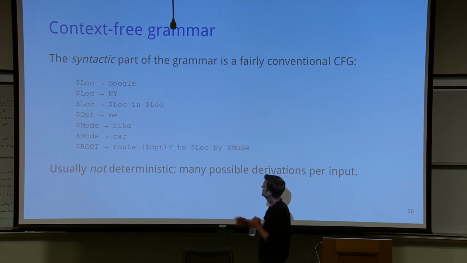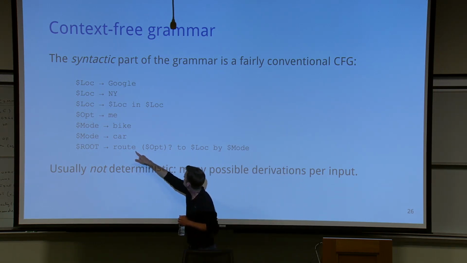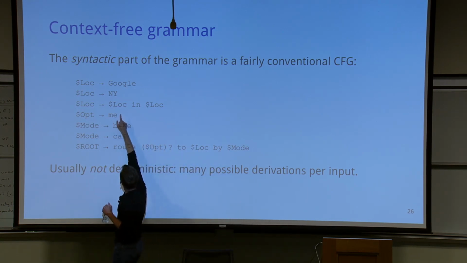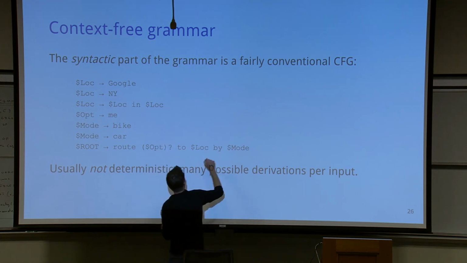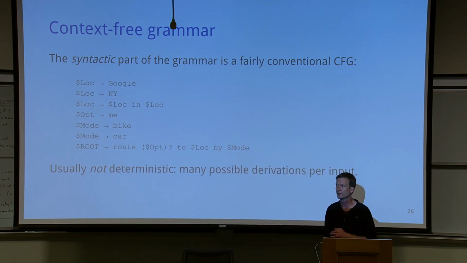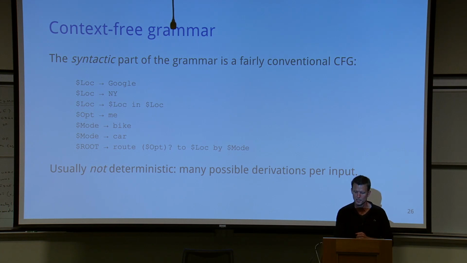Or it could match route to, let me do a compound location, Google in New York by bike, or a handful of other queries. There's not very many queries which match this very limited fragment, but it gives you a flavor of the kinds of things that are achievable.